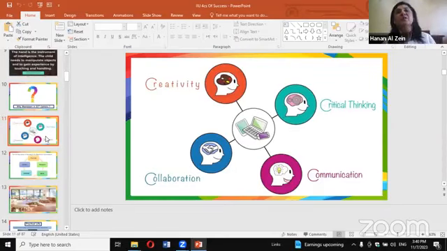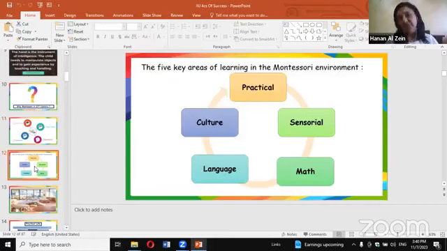Second, the sensorial life curriculum, where students find the way for intelligence by discovering all the materials, all the world around them through their senses. After that, students are introduced to language and math areas around 4 to 5 and 6 years old.